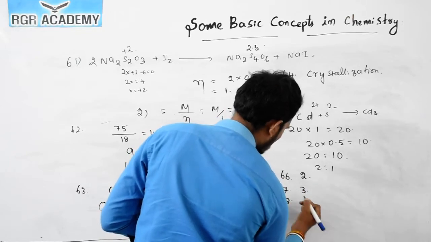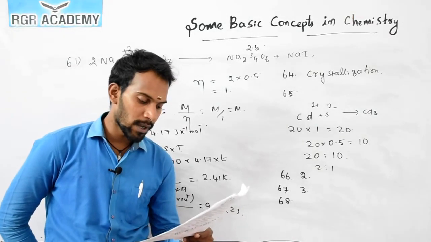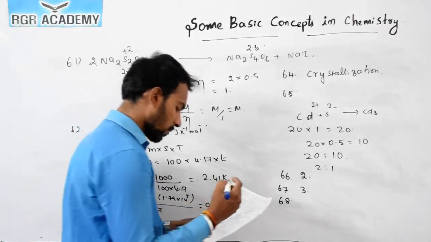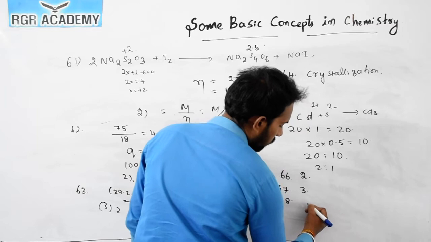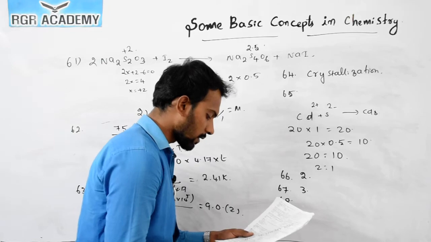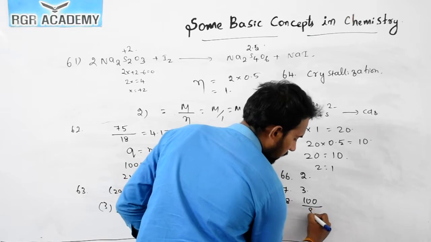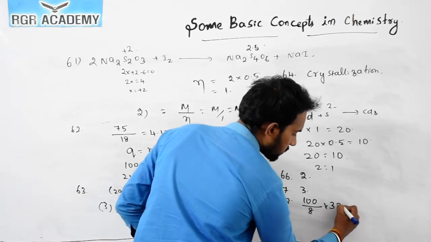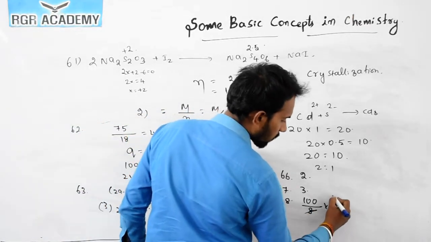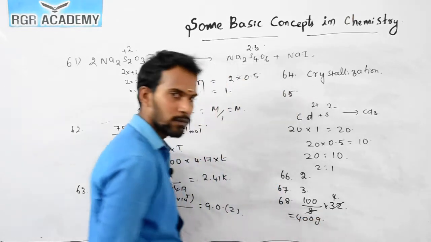Question number 68. Compound possesses 80% of sulfur by mass. So what is the least molecular mass? Now see this one. So 8% of sulfur, right? So we can take it as in 100% there is only 8. The sulfur mass is 32. So value is 400 gram.